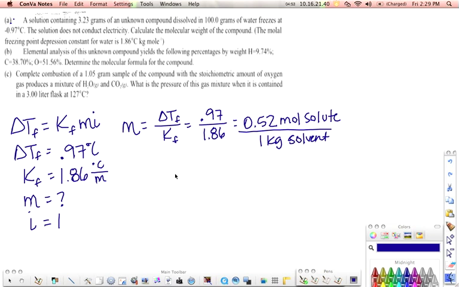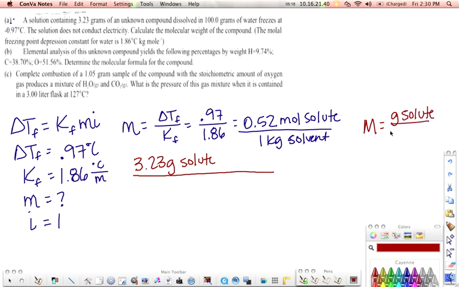And so then they told us that we actually used, let's switch colors here, 3.23 grams of the solute. And so we need to find the molar mass. Molar mass, of course, is grams of, in this case, the solute over moles of solute.